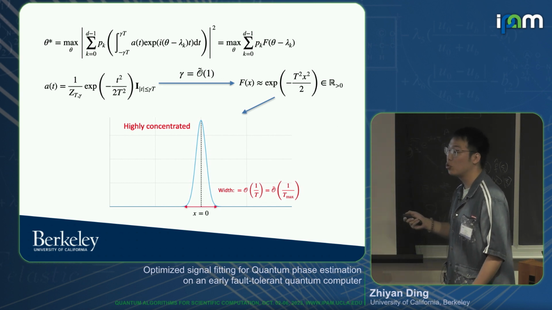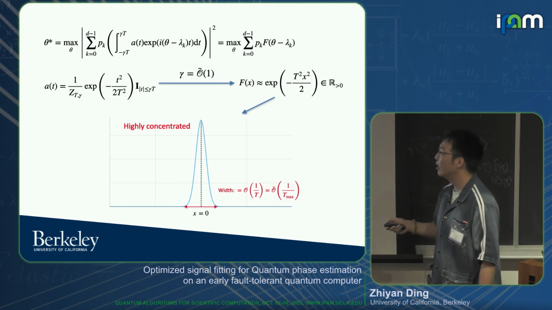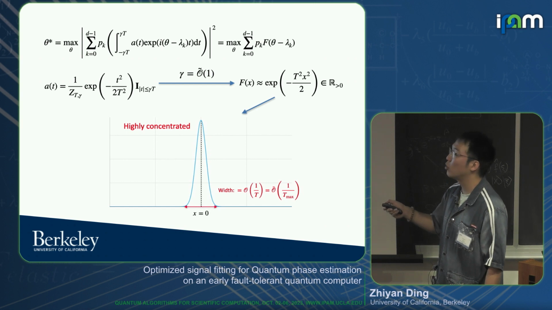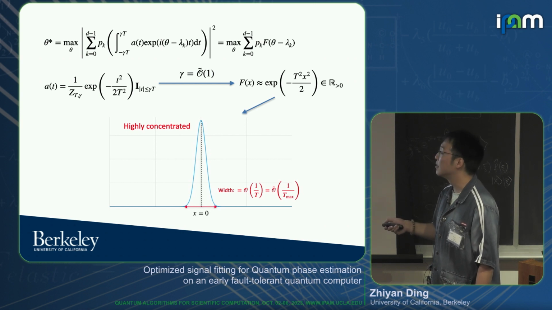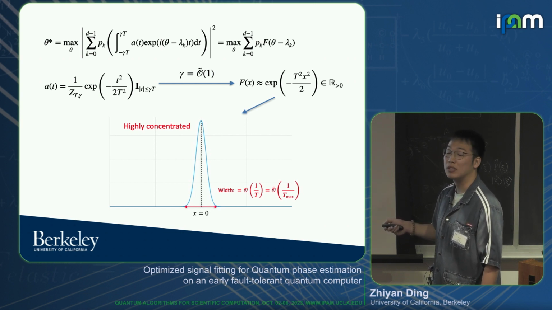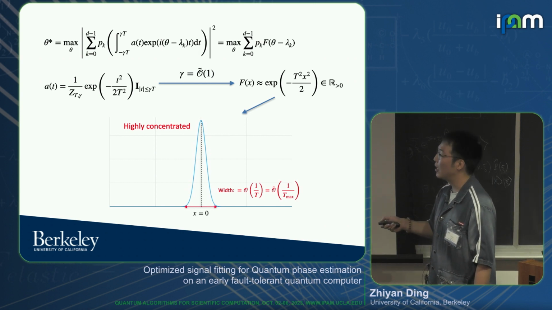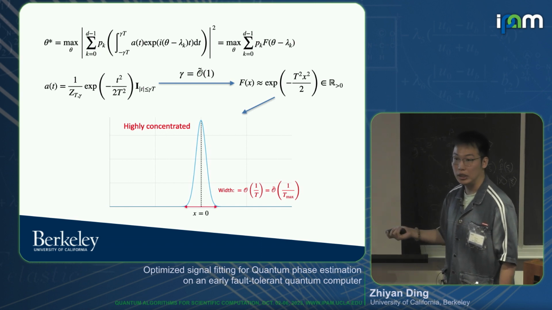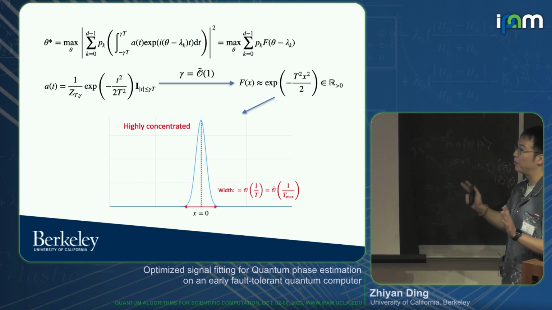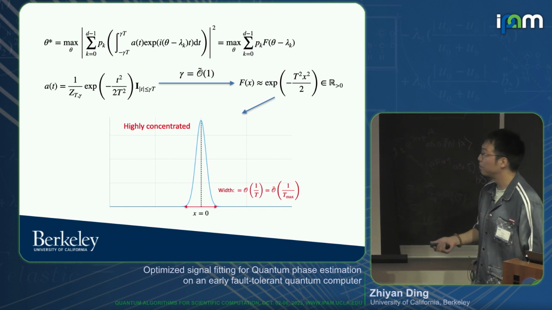If you try to draw this Gaussian function, it's a highly concentrated function centered around x equals 0. And the important thing is the width of this peak is proportional to 1 over capital T. So we kind of build a Gaussian filter function.